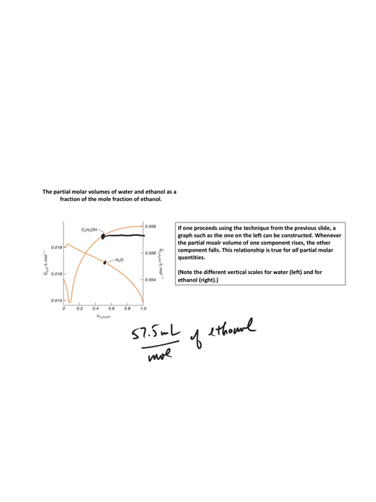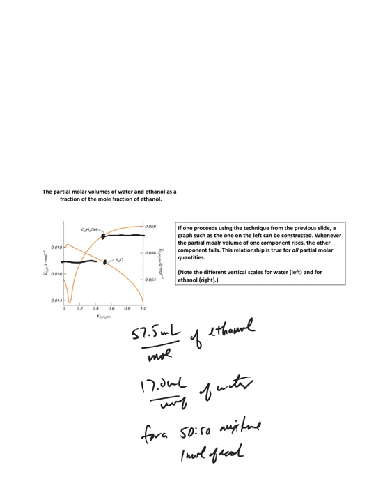And the water contribution to the mixture is going to be, I'm just going to say, about 17 milliliters per mole of water. So for a 50-50 mixture, if you had 1 mole of each, the total volume would be the 57.5 plus 17. And I get 74.5 mL for that.